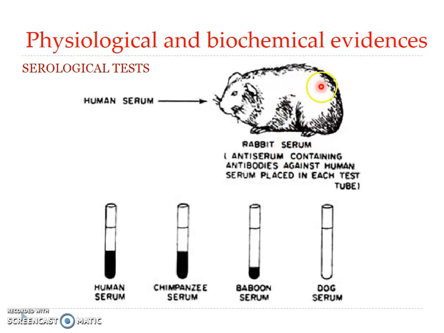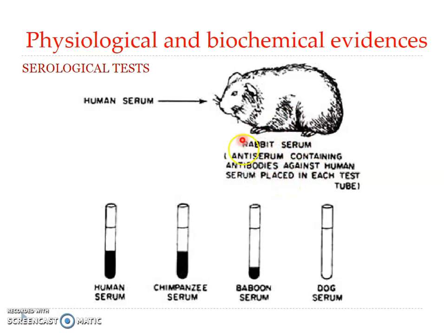If this antiserum is extracted from the rabbit and mixed with human serum, you can see here that human serum is introduced into the rabbit. The rabbit produces antibodies. The rabbit serum is collected, and this rabbit serum will contain antibodies against the human serum, isn't it?